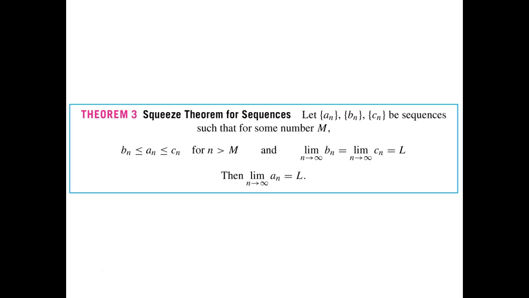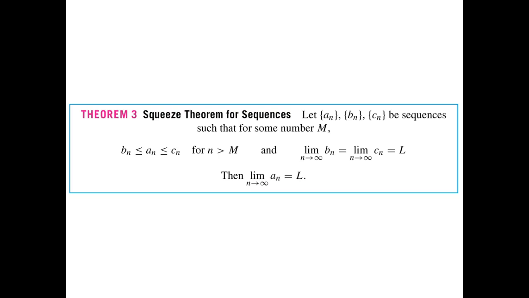Now, let's also imagine that the limit of b sub n as n goes to infinity is L, and the limit of c sub n as n goes to infinity is L.